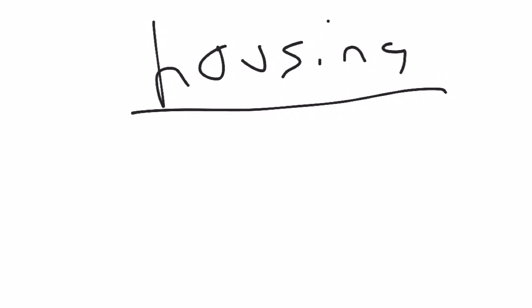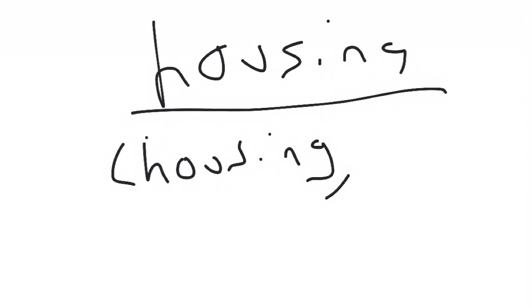We do parentheses, housing, comma, and then the amount they spent per year, which is $17,109, because the amount spent depends on the category. Since the amount spent is the dependent value, it goes second in the ordered pair.